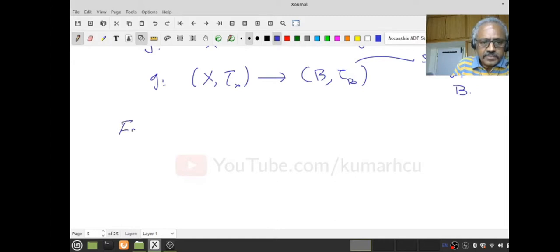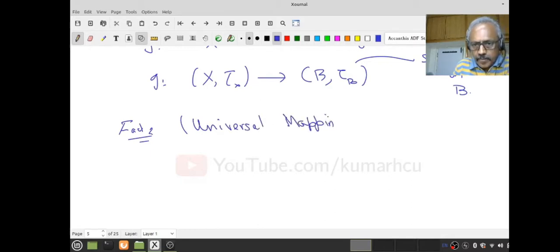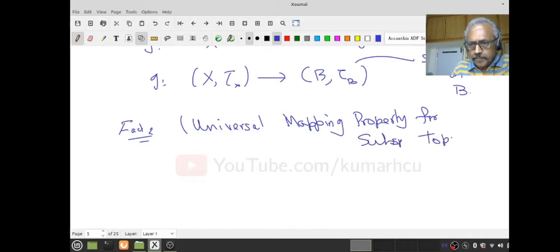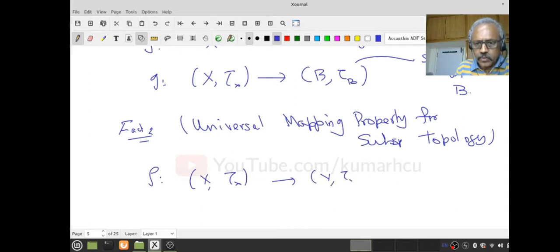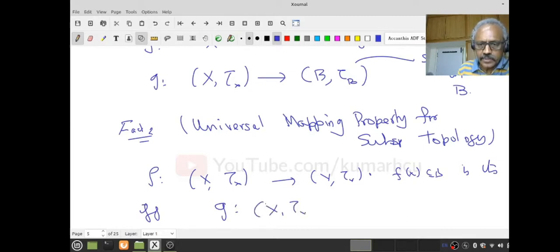Okay, this is a fact. This is actually the universal mapping property for subspace topology. What does it say? F from (X, tau X) to (Y, tau Y), where f of X is contained in B, is continuous if and only if g from (X, tau X) to (B, tau B) is continuous.